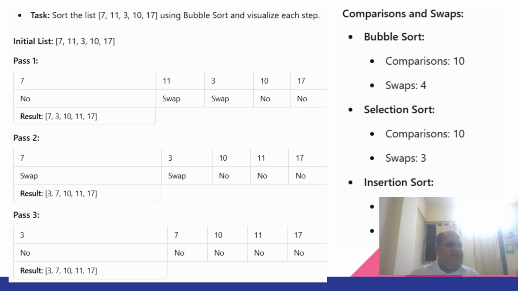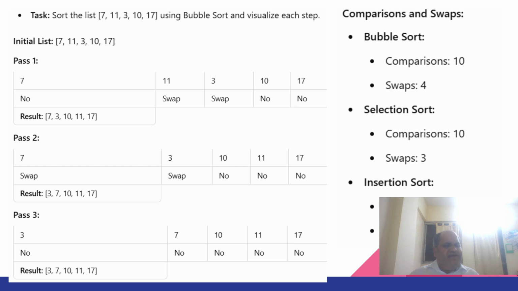So in bubble sort, what is going to happen? We pick an initial element and we keep comparing it against the other elements. And whenever they are out of order, we will move them towards the end. So 7, 11, right? What will happen? 7, 11 are in order.